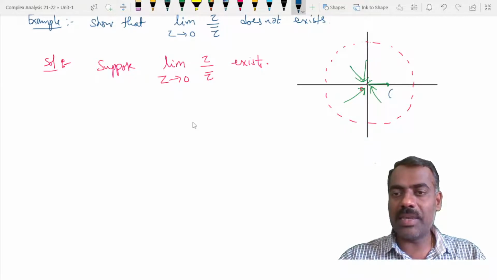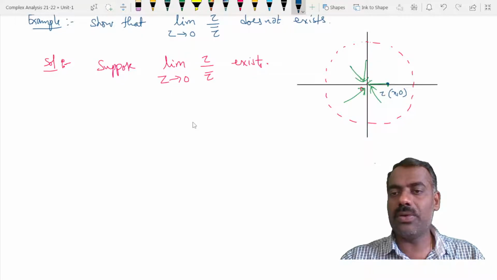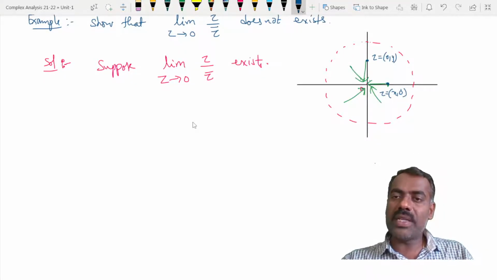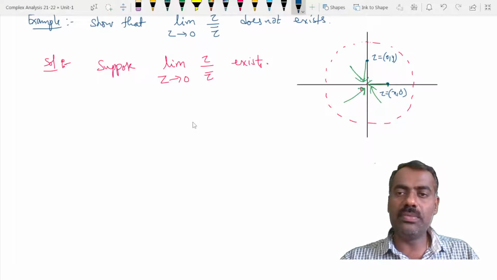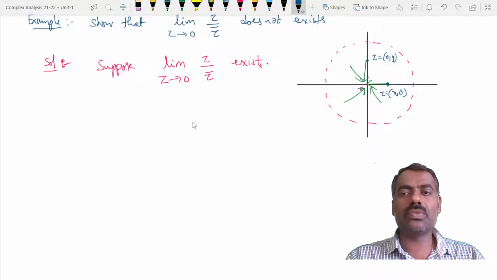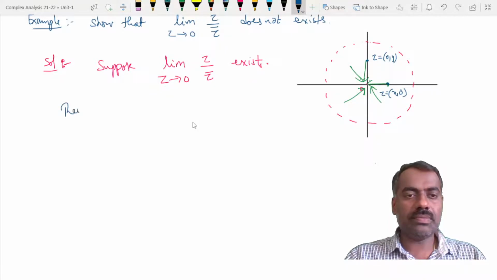On the x axis, the y element is 0, so you can call it z equal to x comma 0, and you take one point here, z, which is the same as 0 comma y. So as y tends to 0, then z tends to 0. Similarly here, as x tends to 0, this tends to 0, right? Is that clear or not? Yes, sir.